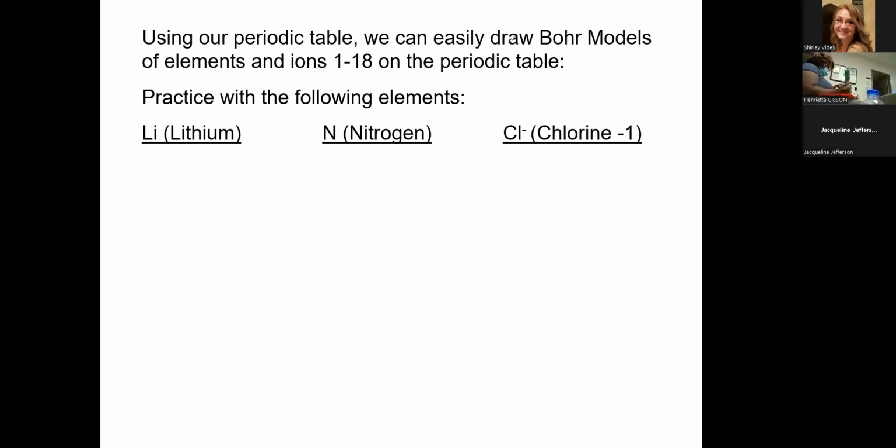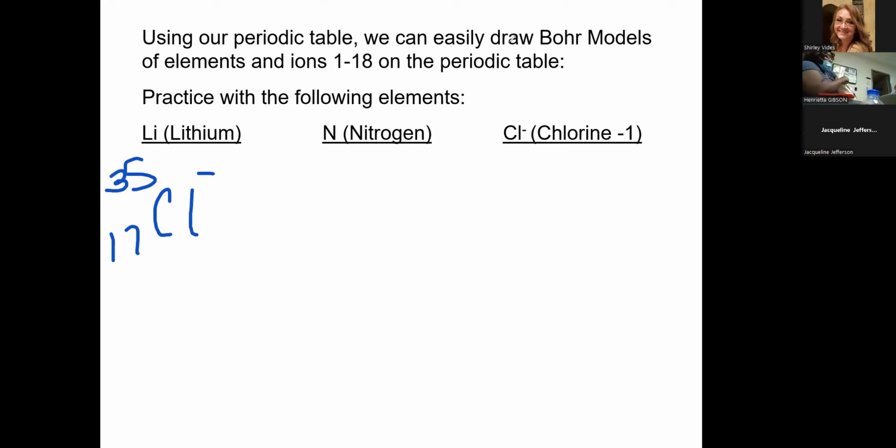Now, chlorine is where it's going to get a little interesting. Chlorine itself, just the element chlorine, is 35 on the top and 17 on the bottom, right? And we have a charge.